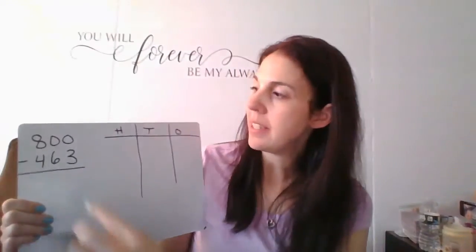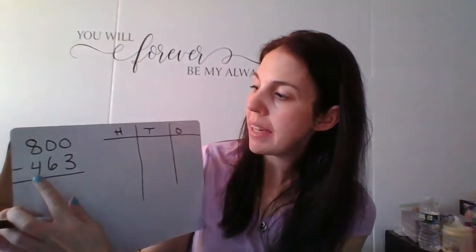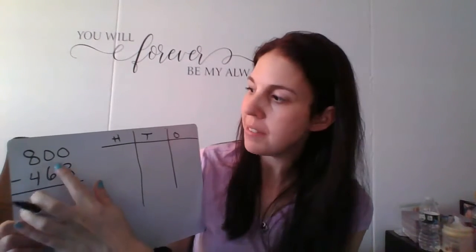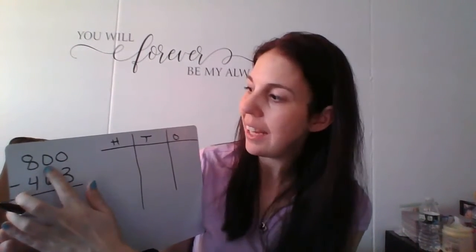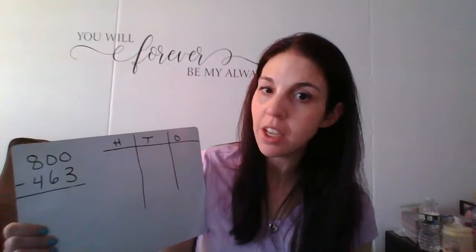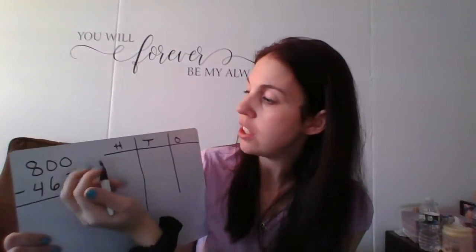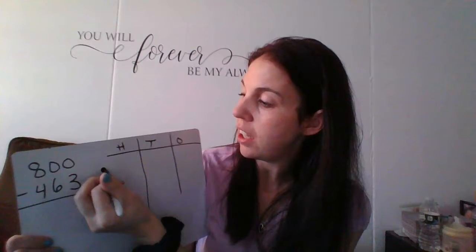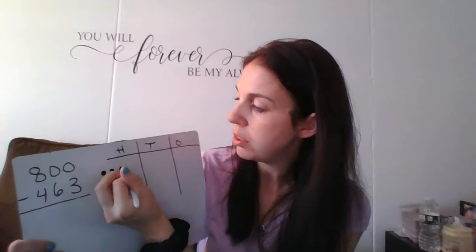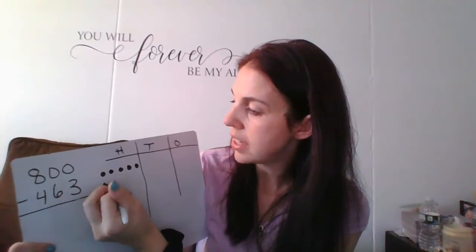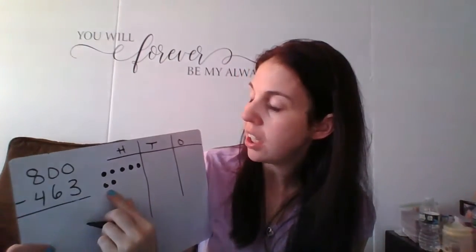Our next problem is 800 minus 463. Now you'll notice we have a 0 in our ones place and a 0 in our tens place. So instead of drawing 800s, I'm going to draw 700s. 1, 2, 3, 4, 5, 6, 700s.